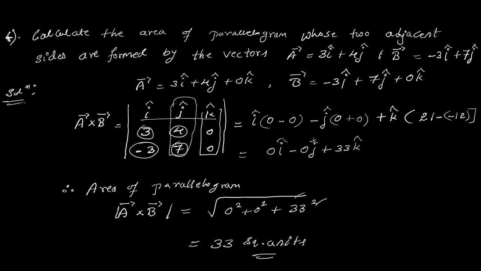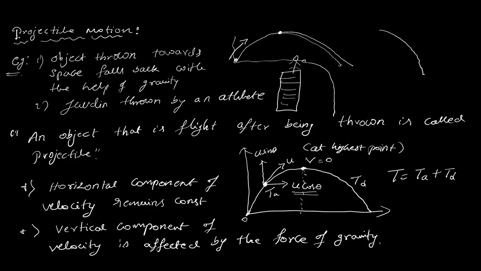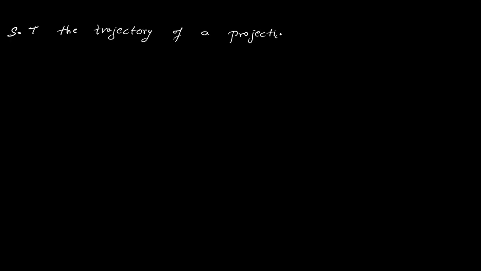The question is like this. Show that the trajectory of a projectile is a parabola.